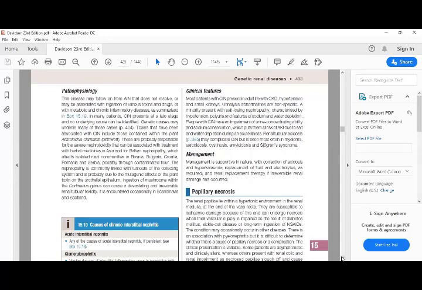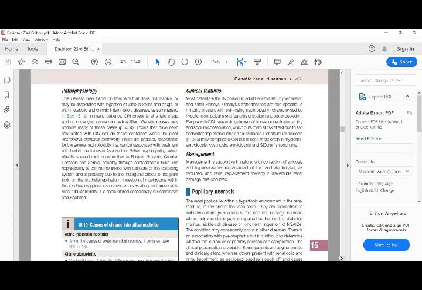If there is irreversible renal damage, renal replacement therapy such as hemodialysis, peritoneal dialysis, and renal transplant should be carried out.